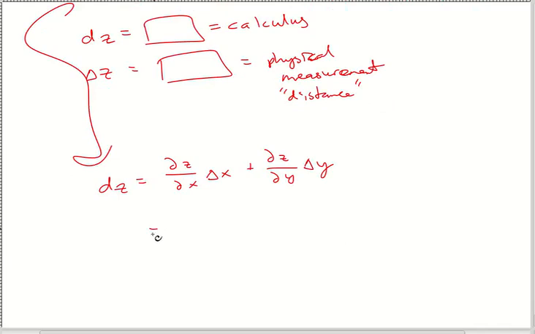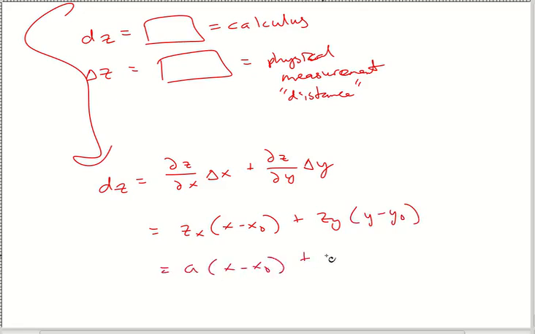To zoom out, here's the zooming out. This is kind of funny, isn't it? Zx, x minus x naught, and zy, y minus y naught. You just saw that a second ago, didn't you? Look at this. There's no change, and then you can have other stuff, but that's the same thing as the tangent plane equation.